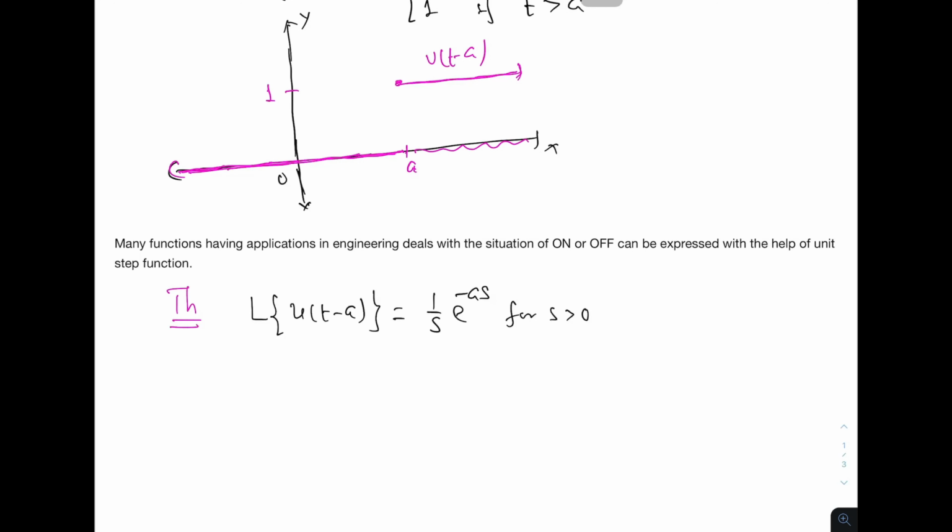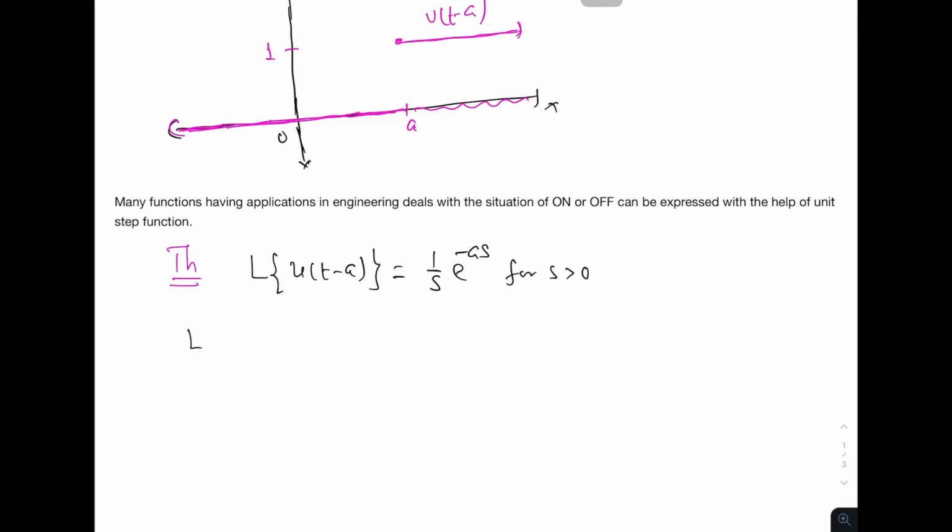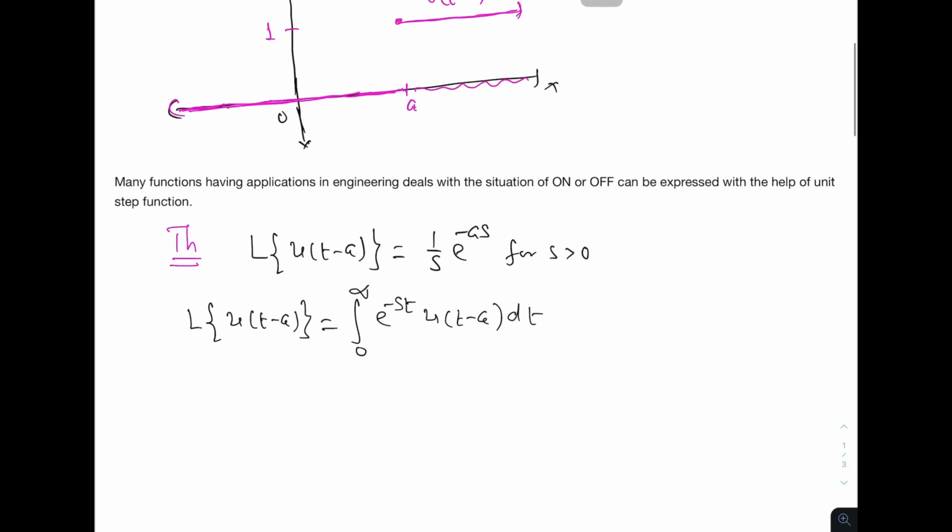That's not difficult to prove. Laplace transformation of u of t minus a is, by definition, integral 0 to infinity e power minus st u of t minus a dt.